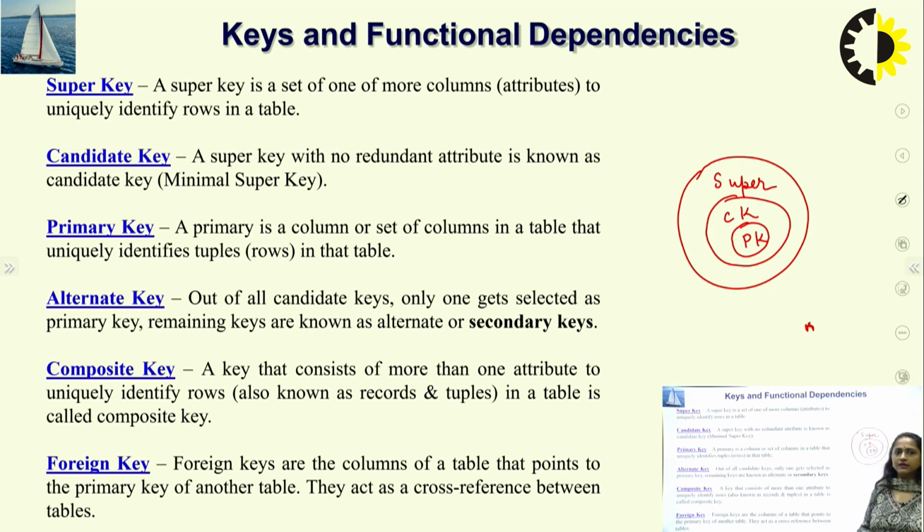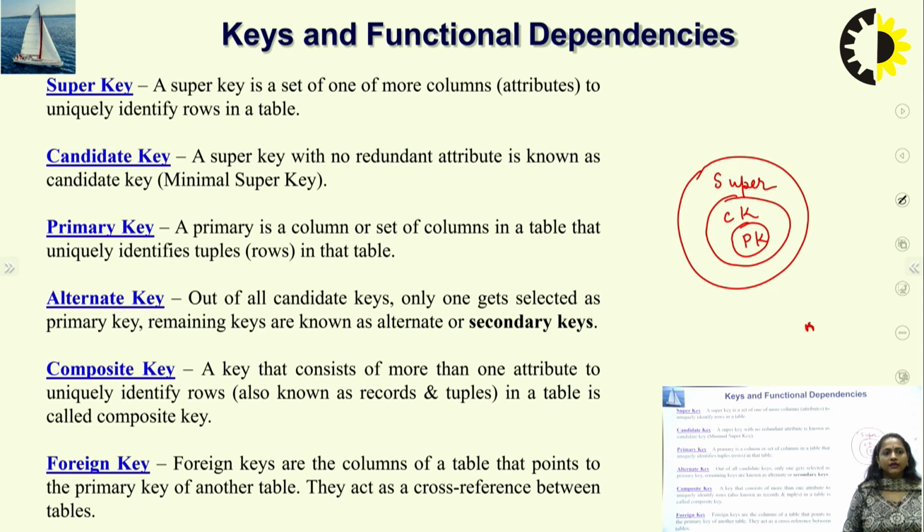Then we have the alternate key. Out of the candidate keys, there will be only one primary key. The rest of the keys will be known as the secondary keys or the alternate keys.